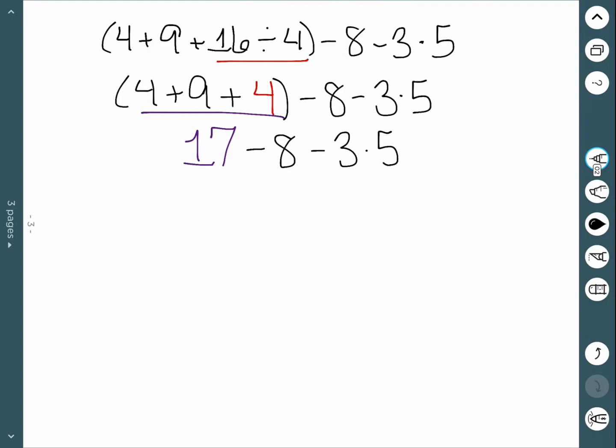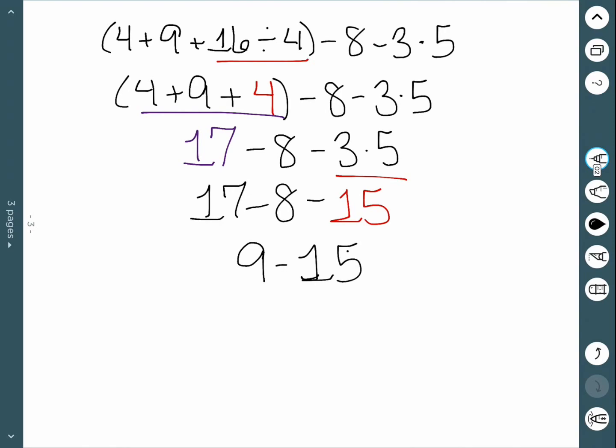We don't have any of those. Step 3, multiply and divide, and we do see that we have 1 of those. We have this 3 times 5, so we know that that's just 15. Finally, we can add and subtract. 17 minus 8 is 9, and 9 minus 15 is negative 6. So now we have our answer.